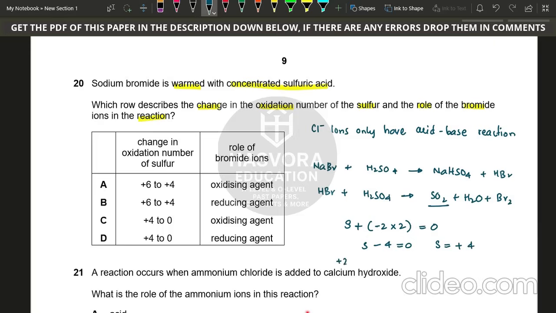It is plus 1 into 2, then plus S, then minus 2 into 4 is minus 8, equals 0. This will become minus 6 and S will become plus 6. So it is going from plus 6 to plus 4, and it is acting as a reducing agent because it is reducing the sulfur. So B will be your correct answer.